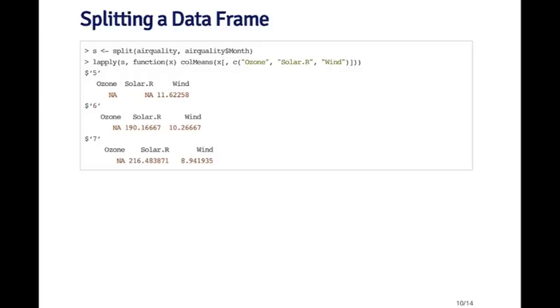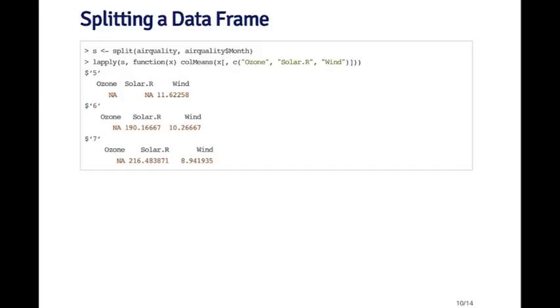And then I'm going to apply an anonymous function. What it does is it takes the column means of just the ozone, solar radiation, and wind. So I'm not going to take the mean of temperature here. I'm just going to take the column means of those 3 variables for each monthly data frame. So here you can see the results. You can't see them all, but you can see most of them.